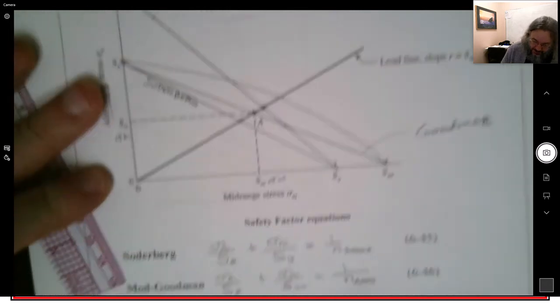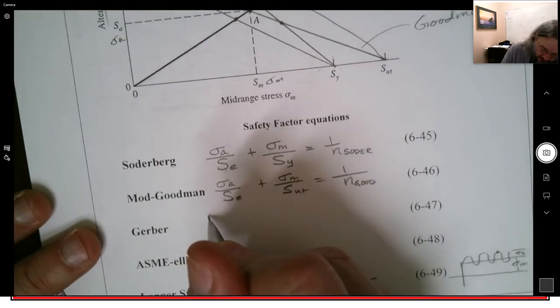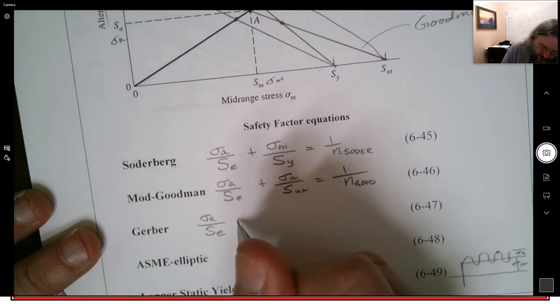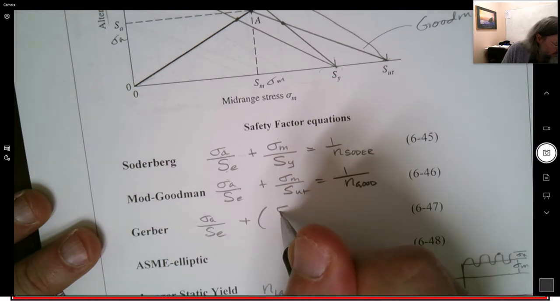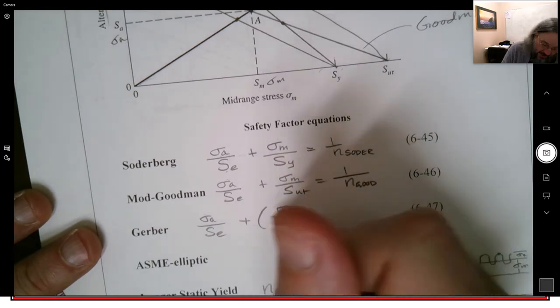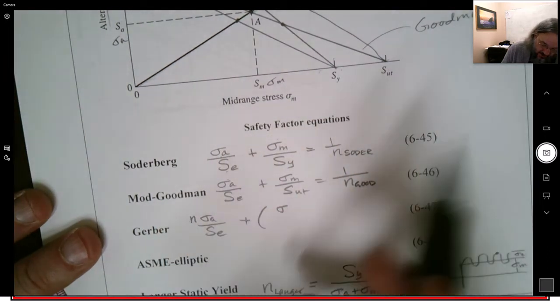And its equation has a little bit more complexity to it. So it says that we have alternating to endurance, but now there's a safety factor right in there.